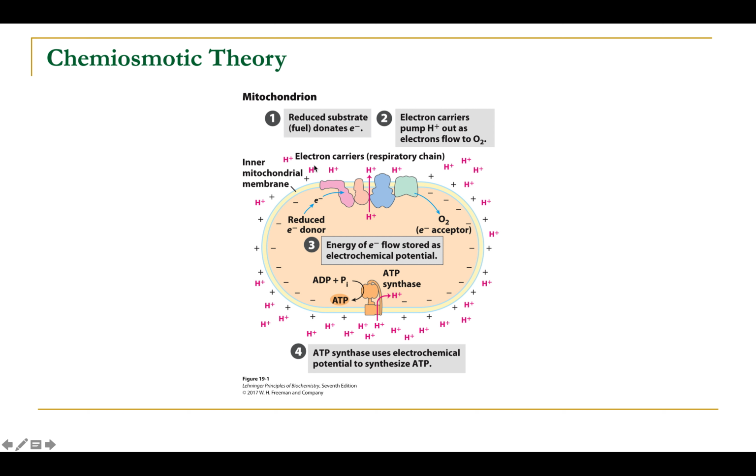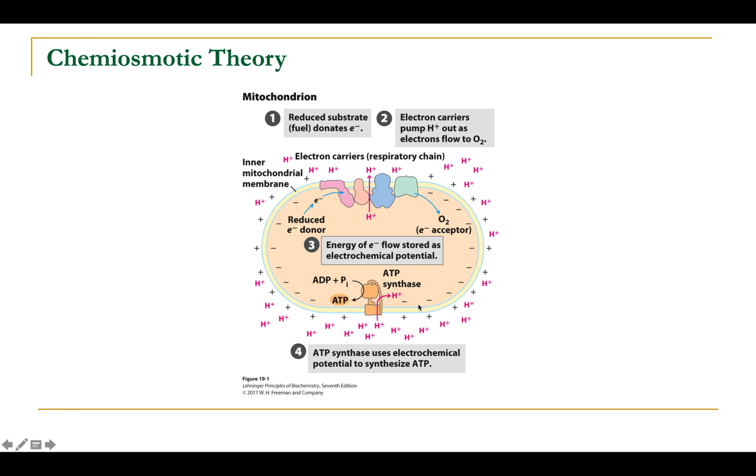This generates the electrochemical gradient consisting of the gradient of proton concentration per se and the electric field generated by disproportionation of charges between the mitochondrial matrix and the outside.